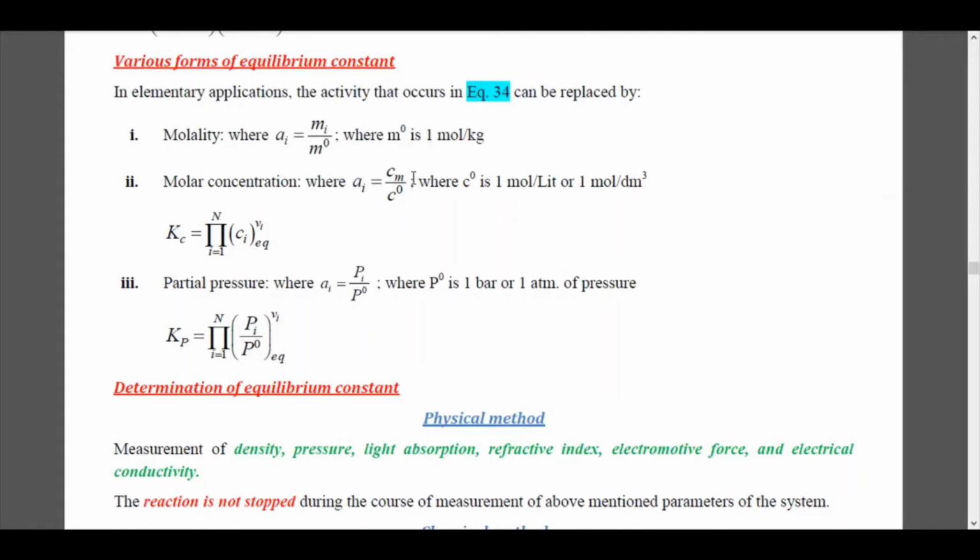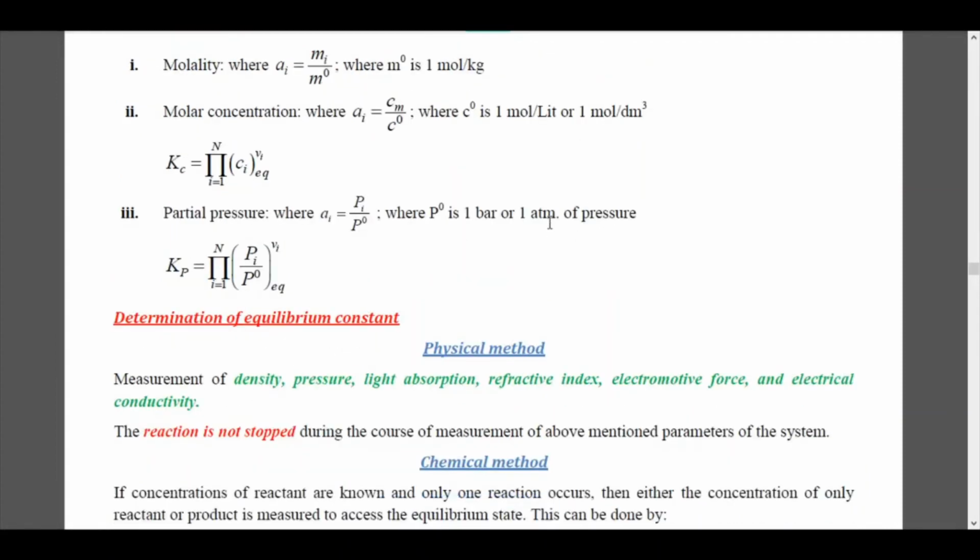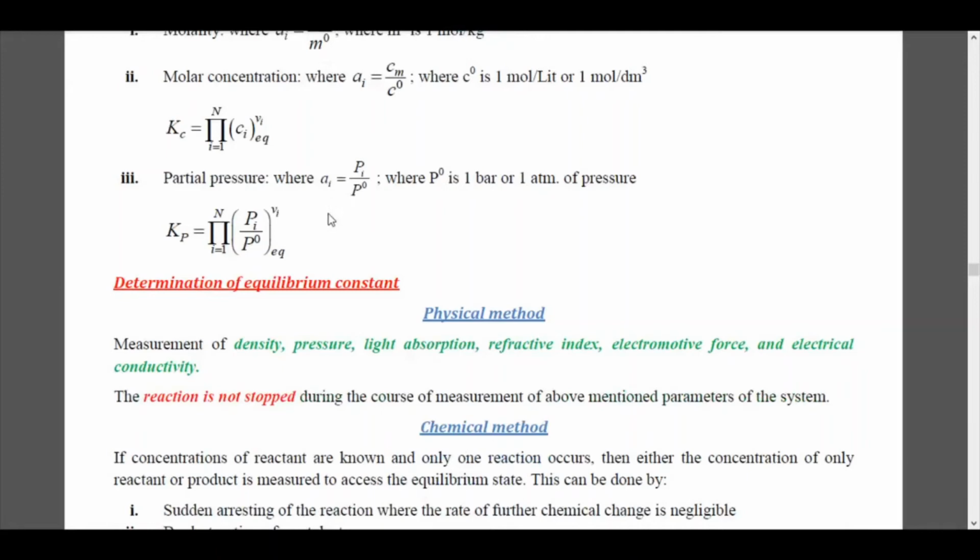Ci is the molar concentration of the ith species, and C0 is again a reference state, and here it is 1 mole per liter or 1 mole per decimeter cube. Again, in terms of pressure, activity can be replaced as Pi by P0. Pi is the partial pressure of the ith species and P0 is the reference state pressure. Generally, it is the standard state pressure, whose value is 1 bar or 1 atmosphere of pressure.